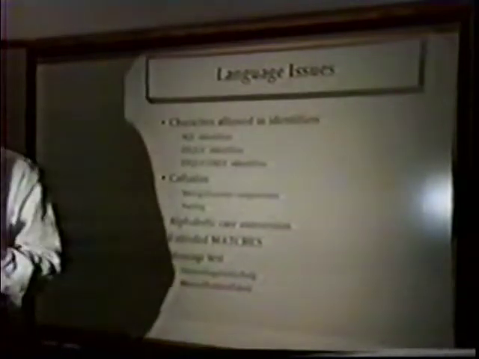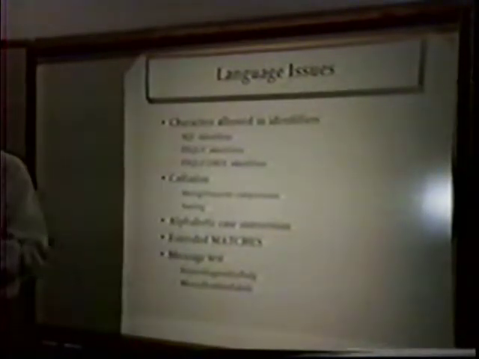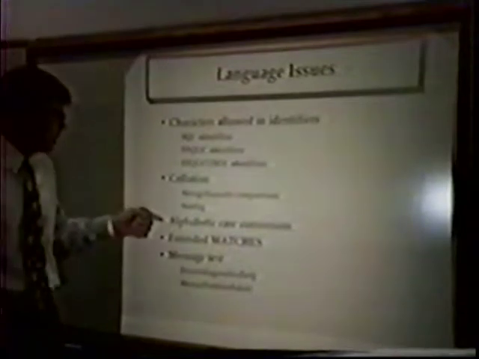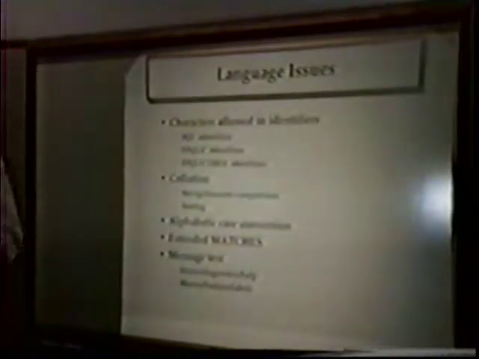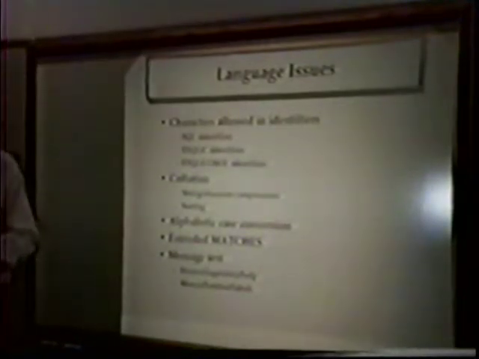Okay? In addition to what characters are allowed in identifiers and collation, alphabetic case conversion is another rule that changes from language to language. There are some additional lowercase or additional uppercase characters in some languages, and those need to be case converted.